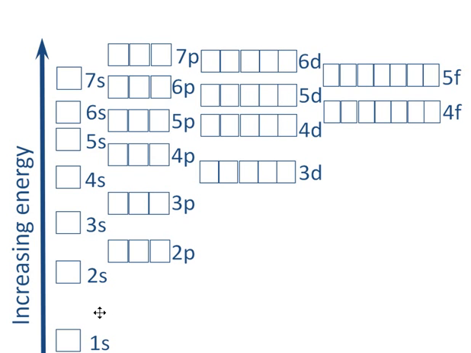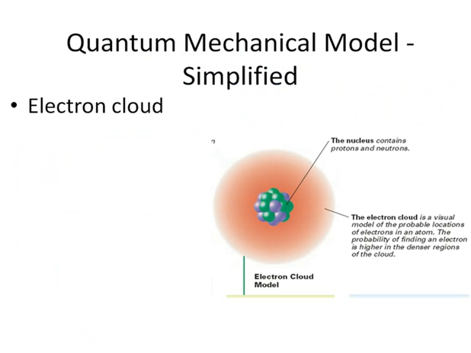We used boxes to indicate the orbitals, but the orbitals themselves are not box-shaped. So we're going to try to give you an idea conceptually of these orbital shapes and more about what they're about.